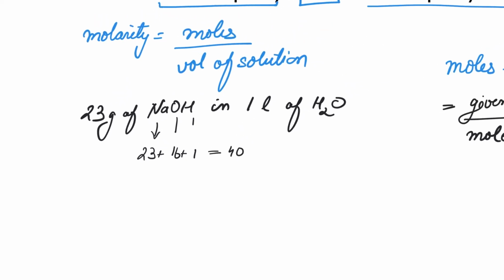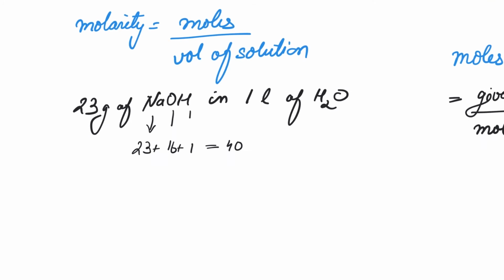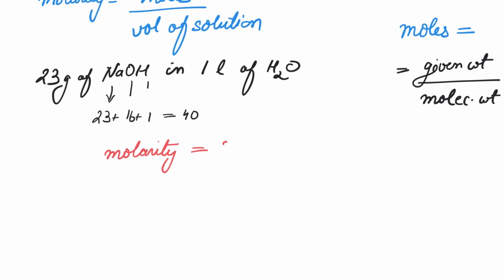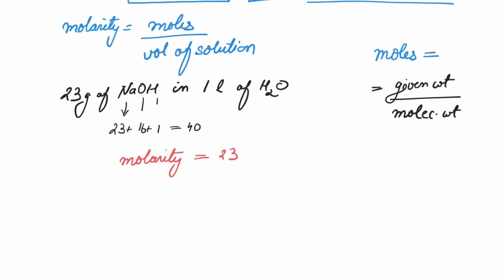Now, what was the definition? Moles per liter. So my molarity in this case would be given weight upon molecular weight. Remember, given weight is 23. Molecular weight we just calculated to be 40, and this is all dissolved in 1 liter.